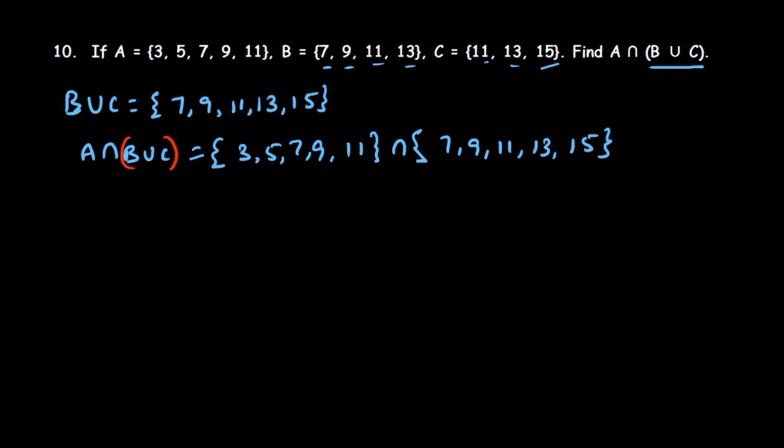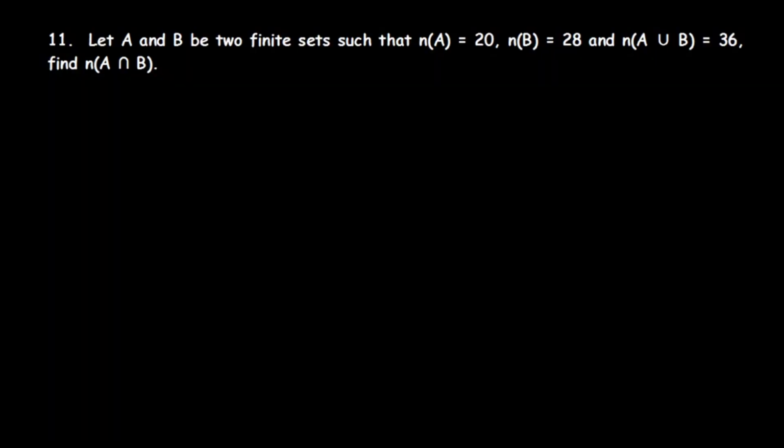Intersection means the common elements we should take. 7 is common in this, 9 is common, and 11 also is common. So we get now 7, 9, 11 as the answer for this question. Okay, so 7, 9, 11 is the common.